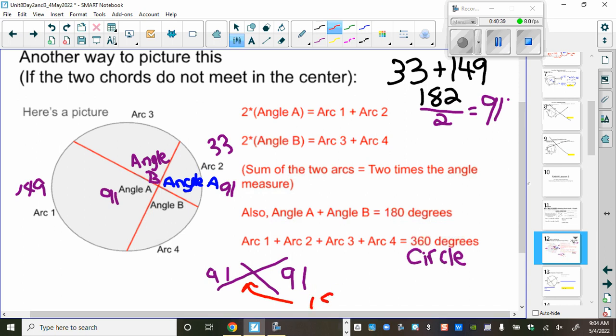If we subtract 180 minus 91, what do you get? There you go. So these are going to be rules to remember. That one's 89. This top one's going to be 89.